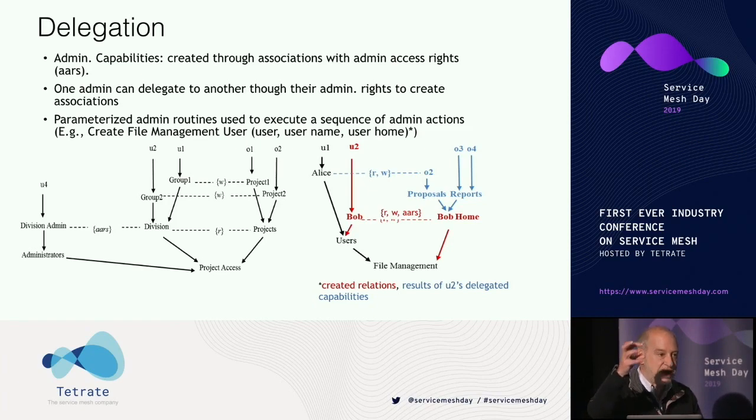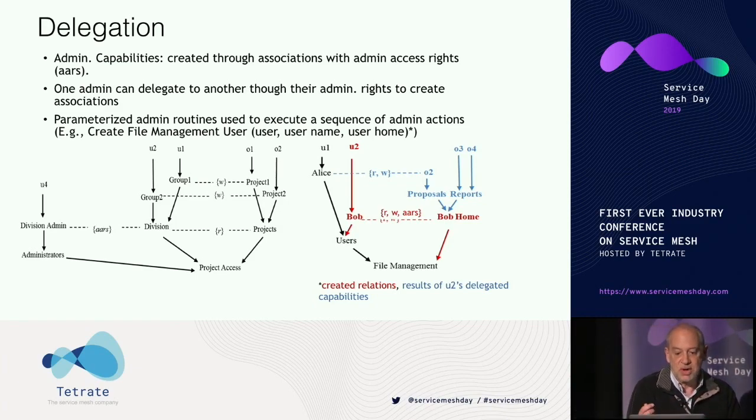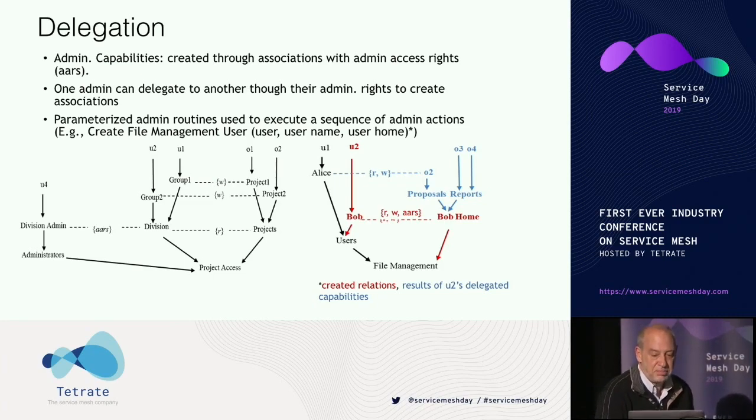He would be able to create objects and put them in the containers, just like you would do in a regular file management system, but he has those privileges through NGAC permissions. What he would also be able to do is grant somebody else privileges to the objects that are in his home. In this particular case, Alice is given read and write access to a proposal.